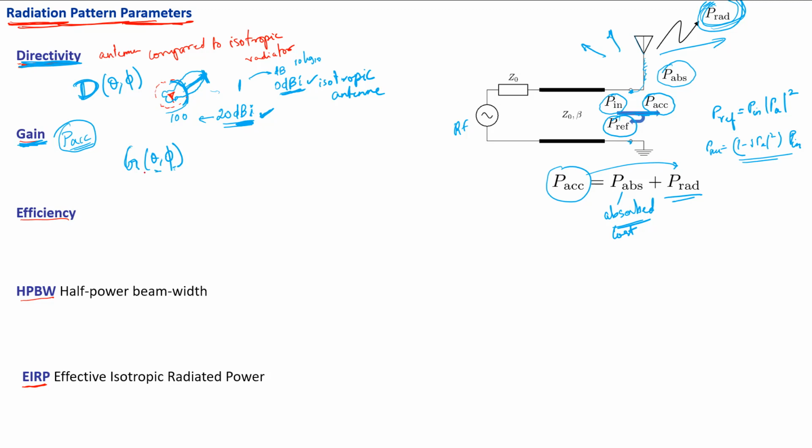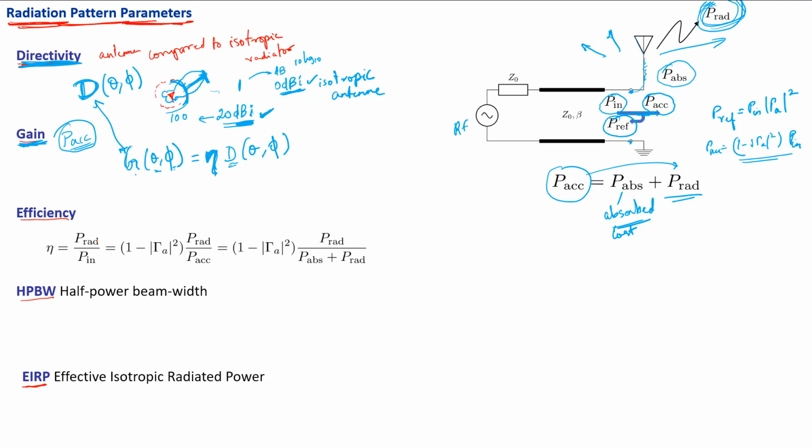This gain is related to the directivity through a parameter we call the efficiency of the antenna. The gain is proportional to directivity and is related through the efficiency. And when we say efficiency, it takes in the radiated power with respect to the input power rather than the accepted power, whereas gain is in terms of the accepted power.